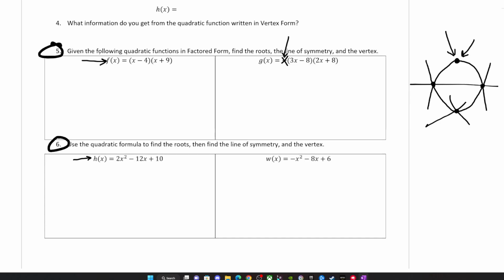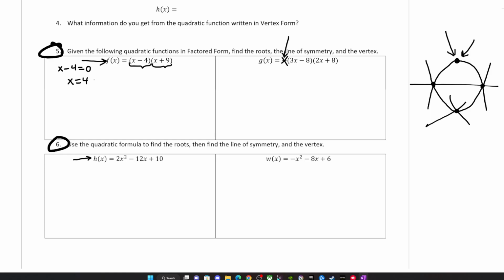Okay, so given the following quadratic functions in factored form, find the roots, the line of symmetry, and the vertex. You want to use the factors to find the roots. So use the first factor, x minus 4, and set it equal to 0. Just add 4 to both sides, and you'll get x equals 4.